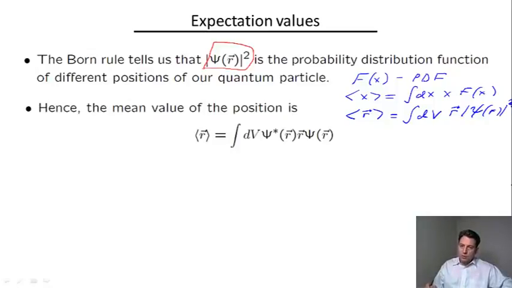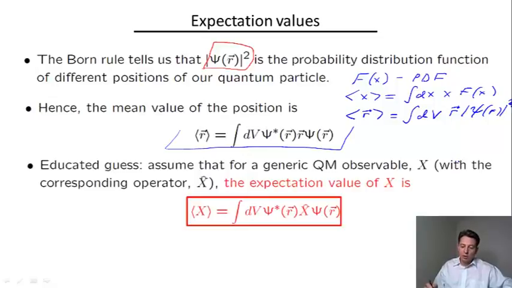Now comes the generalization of this definition of the expectation value of a coordinate to a general case of an arbitrary quantum mechanical operator. Let's say we have a classical property x, let's say momentum, angular momentum, coordinate, energy, whatever. And let's assume we know the quantum mechanical operator associated with it, some x hat.